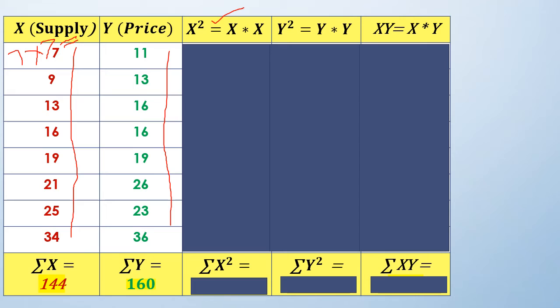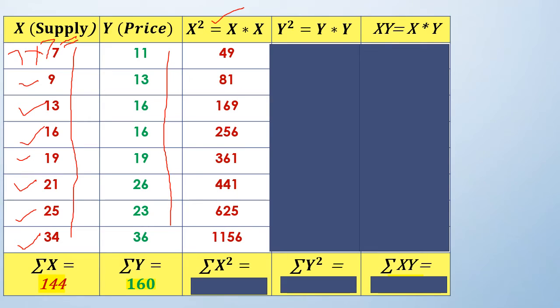That is 7 into 7, which is 49. Then 9 into 9, 13 into 13, 16 into 16, 19 into 19, 21 into 21, 25 into 25, 34 into 34.